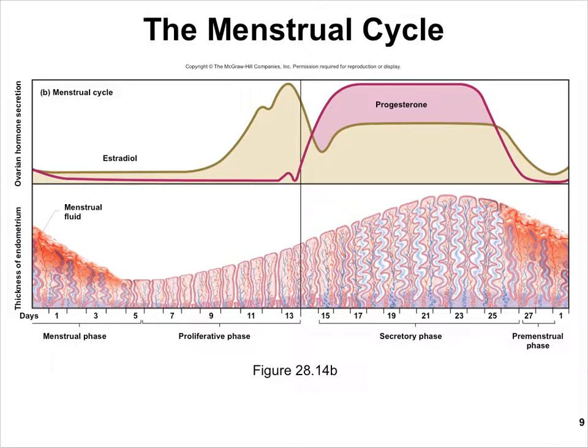The blood vessels that supply blood to this area undergo contraction, meaning that you have less blood flowing into the area, and that causes the tissue to start dying away. As the tissue begins to die away, you enter into the next menstrual phase, as the tissue dies away and sloughs off.